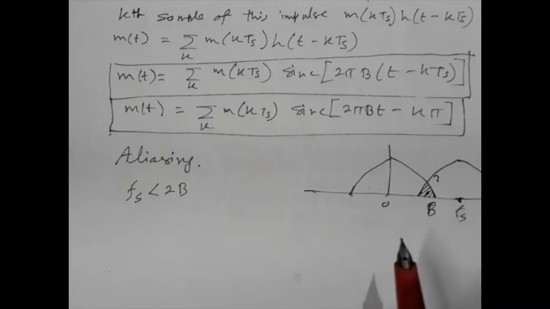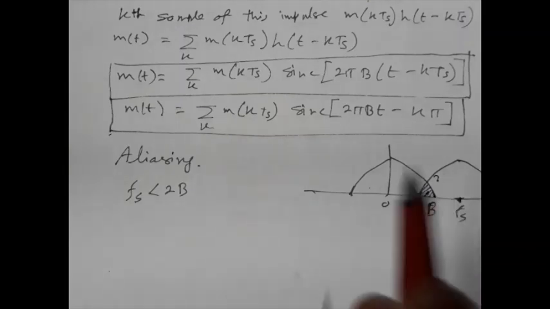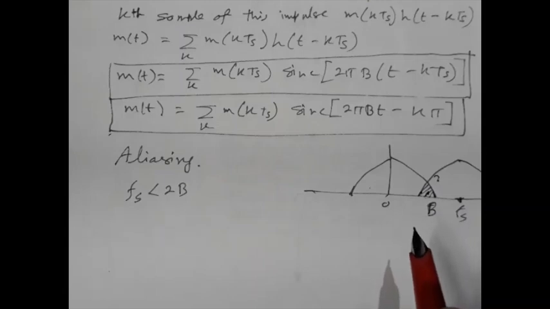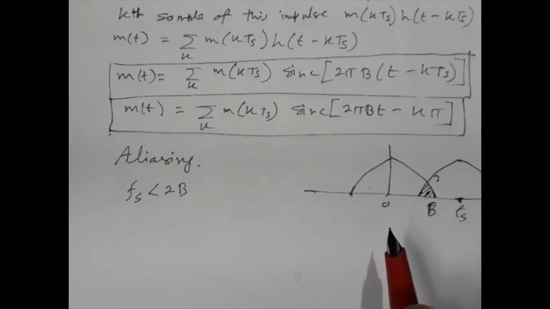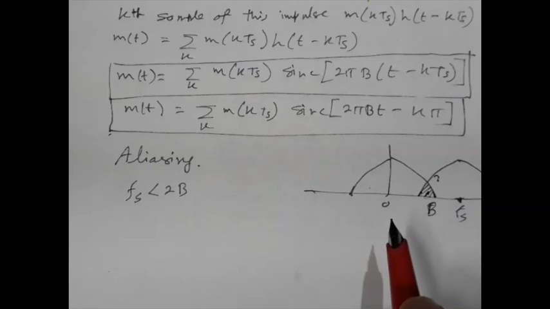To recover from this problem, a signal is first passed through a low pass filter. This low pass filter is a special type of low pass filter that blocks all the frequencies which are above B Hz. This process is called band limiting of the original message signal.